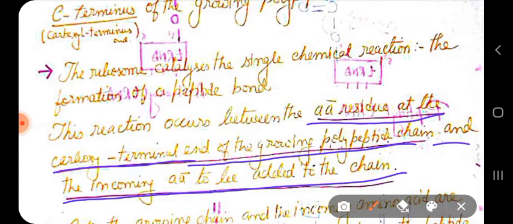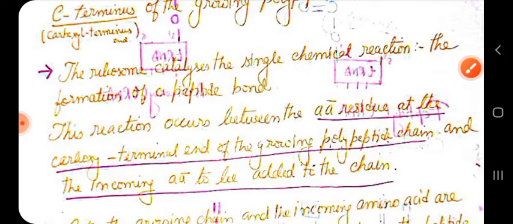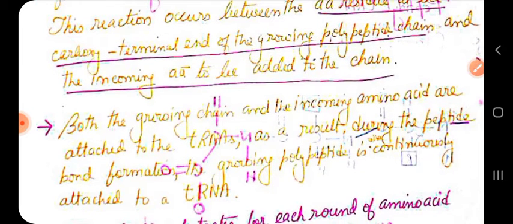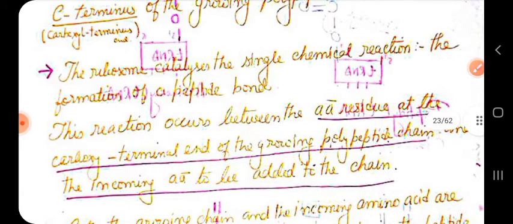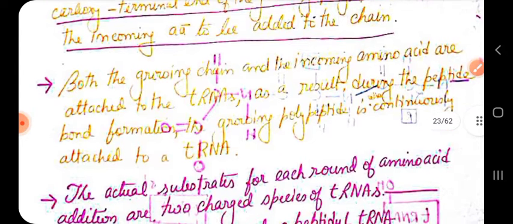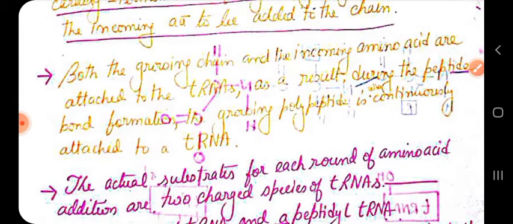The peptidyl tRNA is the tRNA where translation was already occurring. Here the tRNA is attached to more than one amino acid by peptide bonds as a result of elongation. So for the next round of elongation, the ribosome catalyzes the formation of a peptide bond between the two tRNAs.